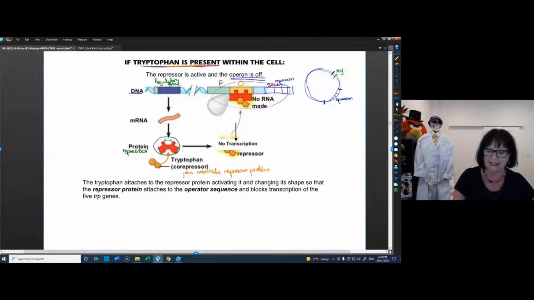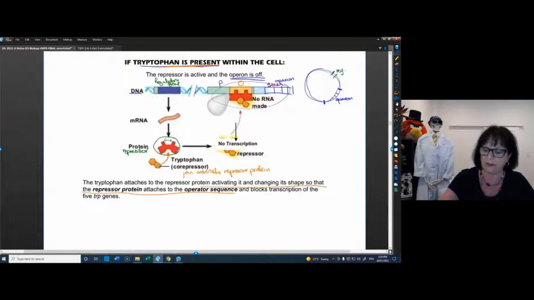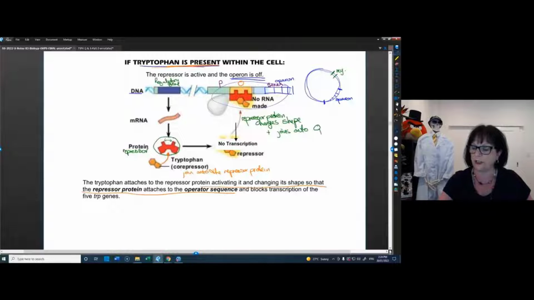And what it does, it then activates it, changing its shape so that it fits the operator sequence. So the repressor protein changes shape because the tryptophan has joined it. And it joins onto, not the promoter region, onto the operator region.